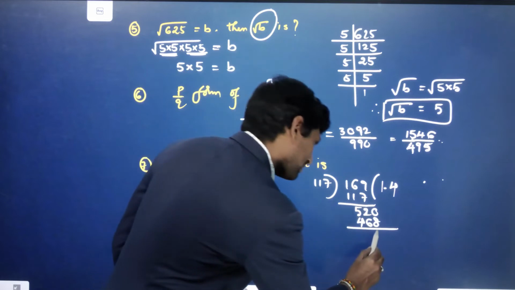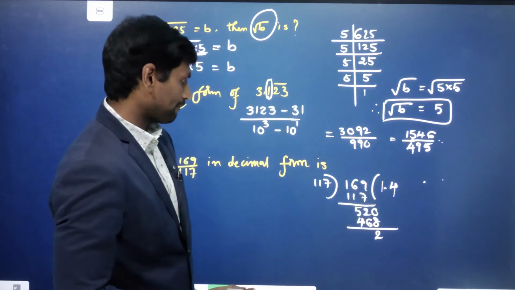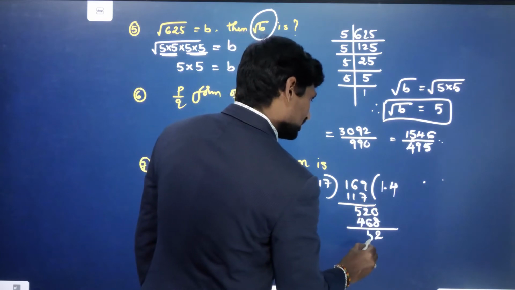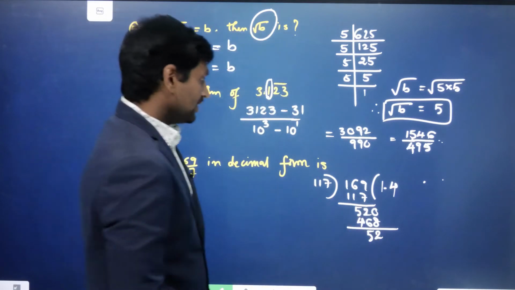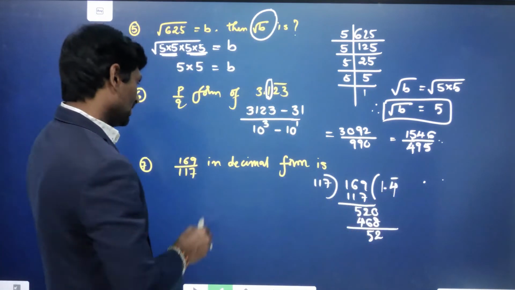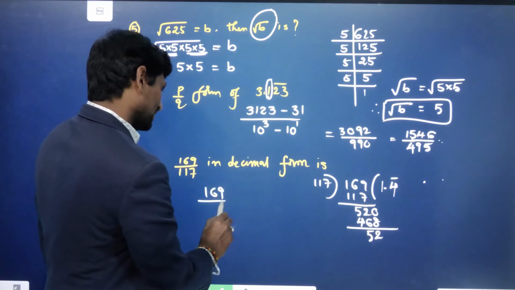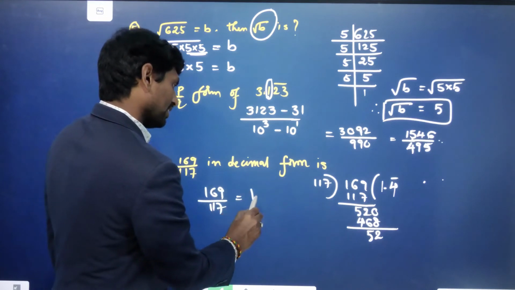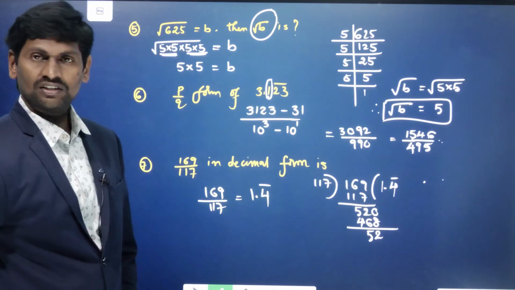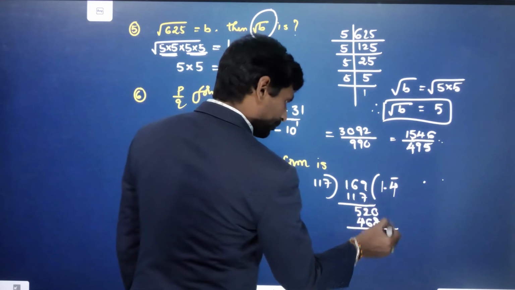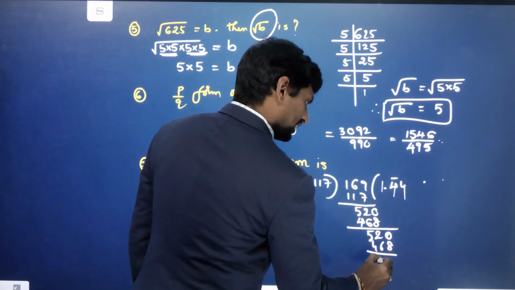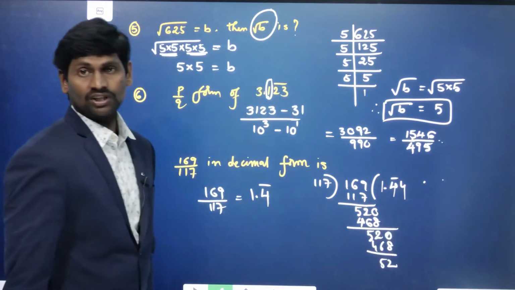Now check. 2 will be there. Yeah, again 52 is coming. That means 1.4 bar, 1.4444 will come like that. Therefore 169 by 117 will be 1.4 bar. Okay. That means again if you take after the point, again 0, again 4 times 468, again 52 will be the remainder, again 4 will come like that.